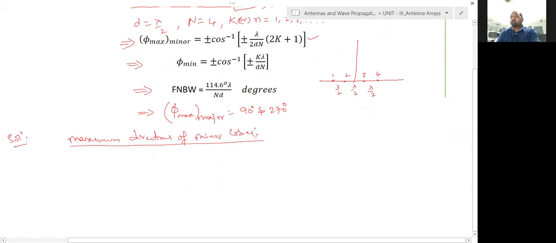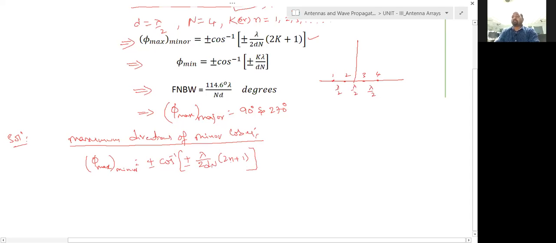Once again, I'm writing here: phi max minor is equal to plus or minus cos inverse of plus or minus lambda by 2 d times (2n plus 1). So this is the formula.